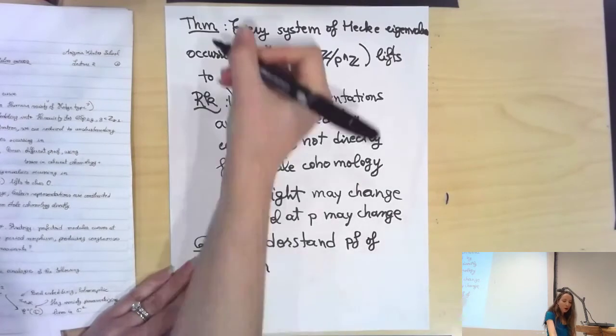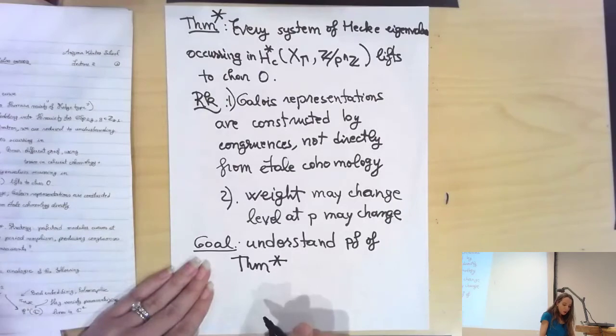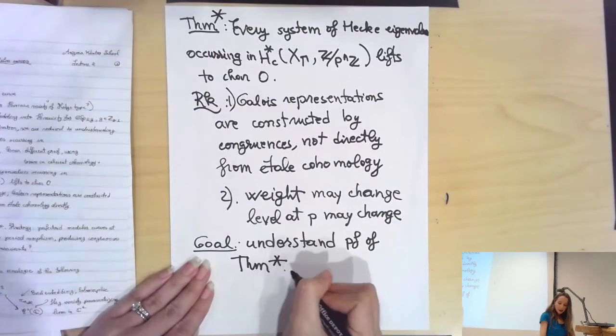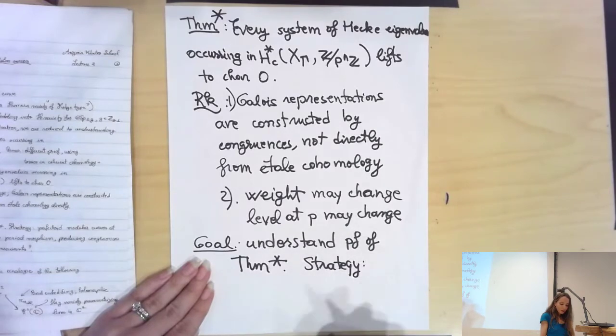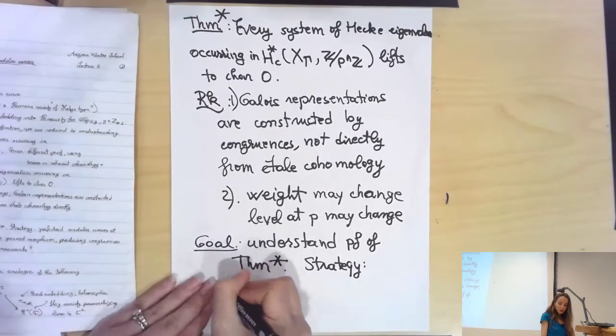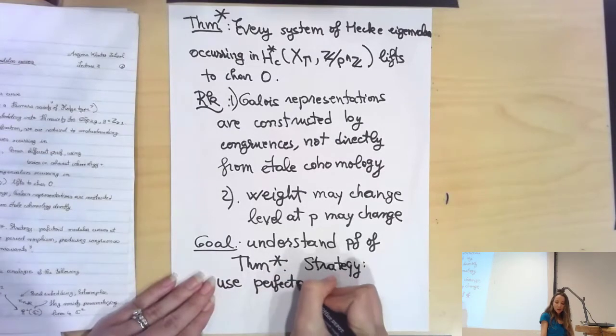I'll maybe call it theorem star. So we want to understand this, and I'll try to give you an outline. The strategy is to use perfectoid modular curves. So you go to infinite level at p.